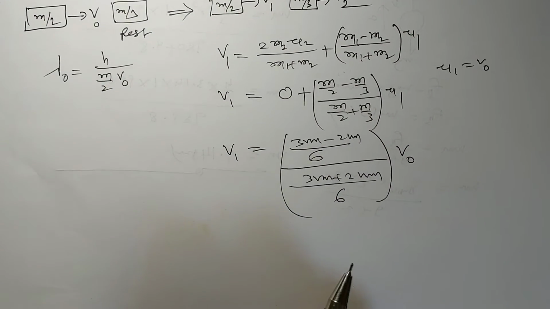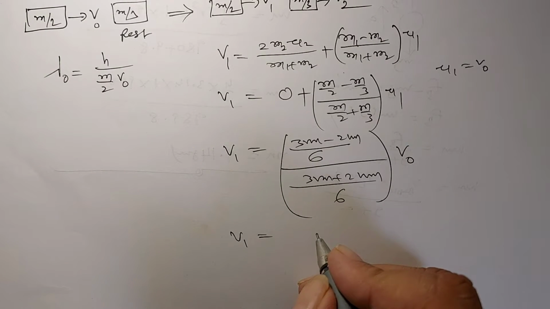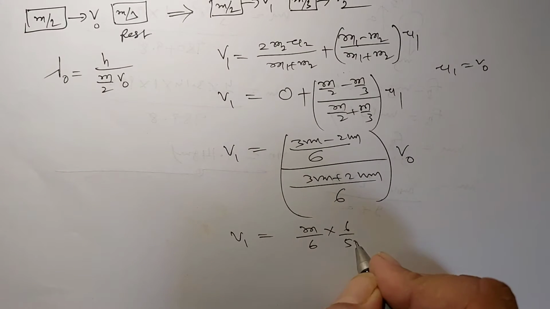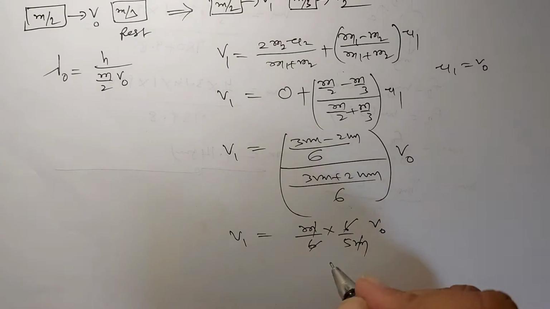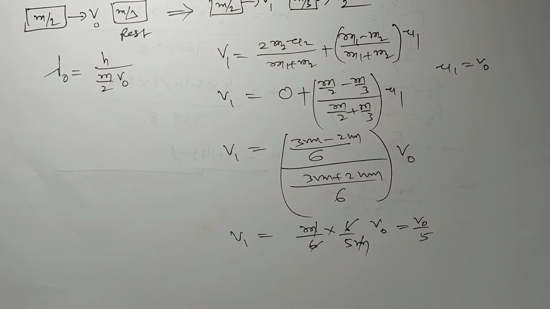Now v1 is equal to m by 6 into 6 by 5m into V naught. The 6 cancels, so V naught by 5.